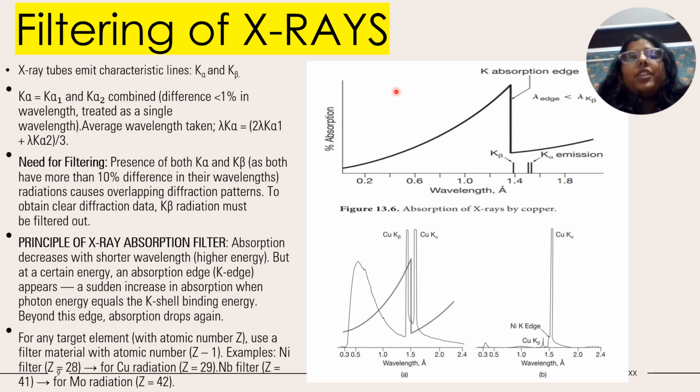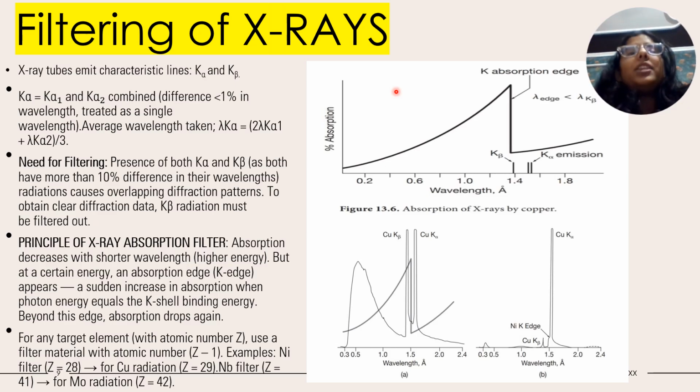Now, in general, the rule is simple. To filter out K beta radiation from the target with atomic number Z, we use a foil with atomic number Z minus 1. So for molybdenum, which has an atomic number of 42, we use niobium, which has an atomic number of 41.